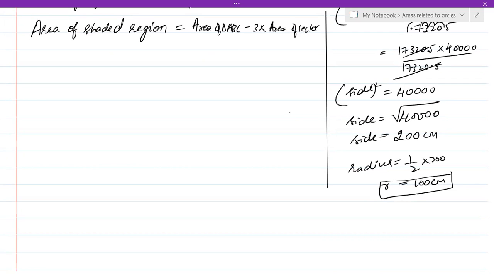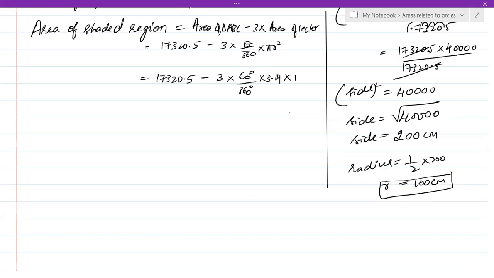Area of triangle ABC is 17320.5 centimeter square minus 3 into area of sector, which is theta by 360 degrees into pi r square. That will be equal to 17320.5 minus 3 into theta, 60 degrees, by 360. The pi value is given as 3.14 in the question, and the r value is 100, so 100 square.